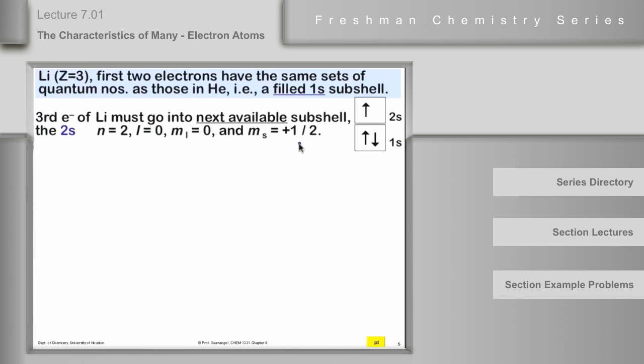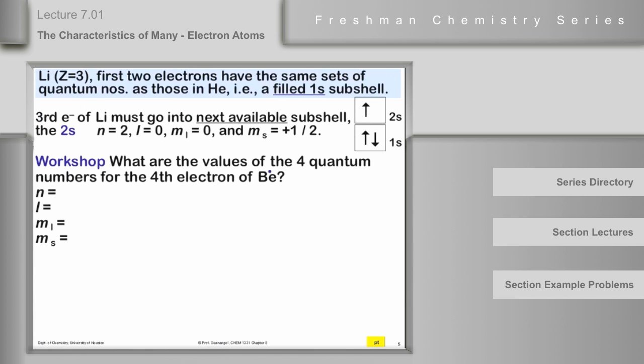Now I've changed this around a little bit. I put this workshop in here and I delayed the next slide. What are the values of the 4 quantum numbers of the 4th electron in beryllium? Well, if we look in the periodic table, beryllium has 4 electrons.